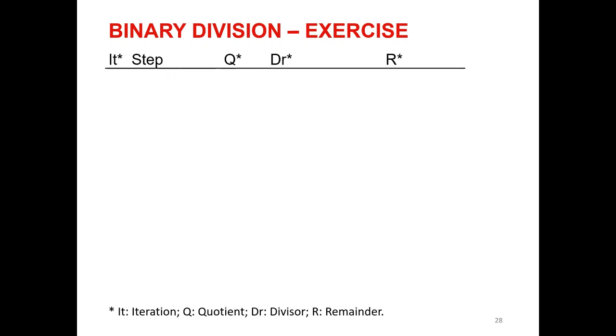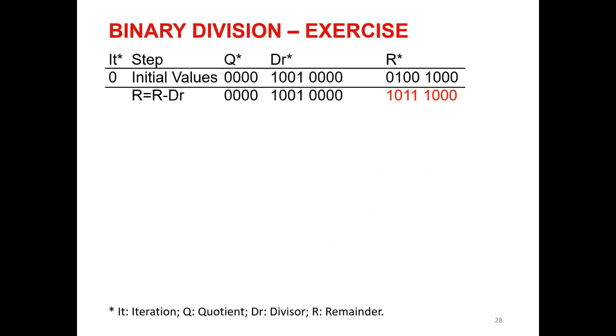So then, as before, we have those initial values. What we do first is subtract the divisor from the remainder, and we have this value. As we have a 1 here, this number is negative, so we need to undo this step.